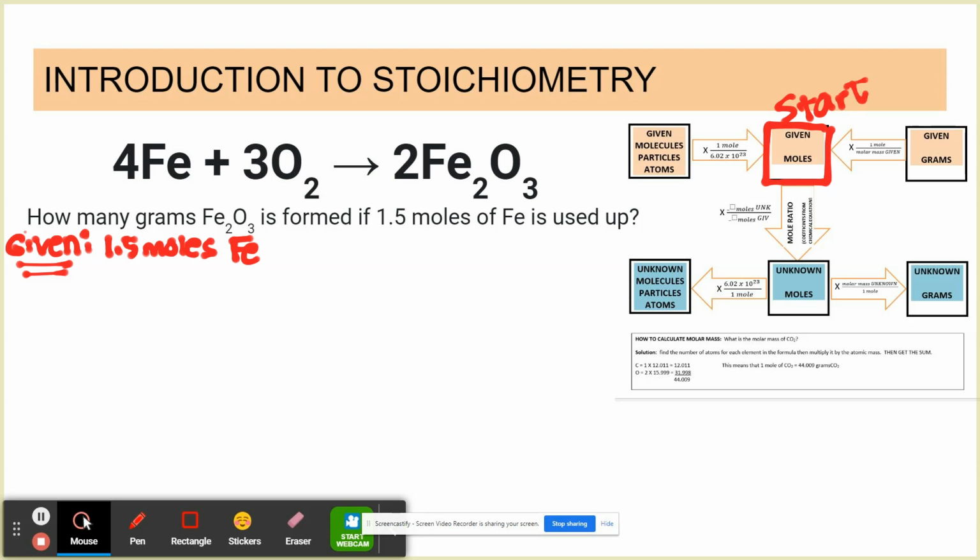You're looking for how many grams. So your unknown is grams of Fe2O3. If you look at the flowchart, our unknown is grams, and it's right here. This will be your endpoint.